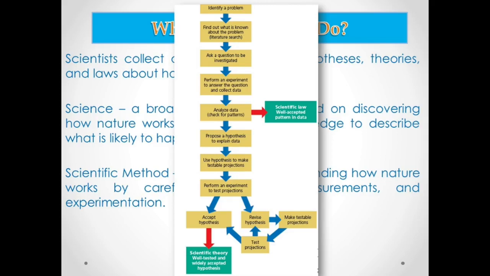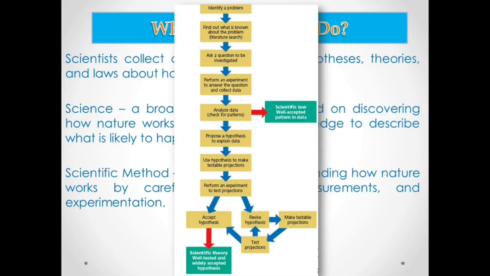Then ask a question to be investigated. If there are, for example, recommendations from the author about things that have not yet been discovered or known, then you ask a question, or you can also ask a question about the kind of problem you are interested in that has not been covered by any literature.